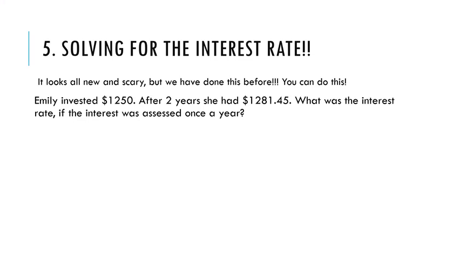Now, look at this exponent of 2. How do you undo something being squared? Use the square root. So that's going to give me 1 plus r over here. What is the square root of 1.02516? That didn't work on my calculator. Hope your calculator's working.